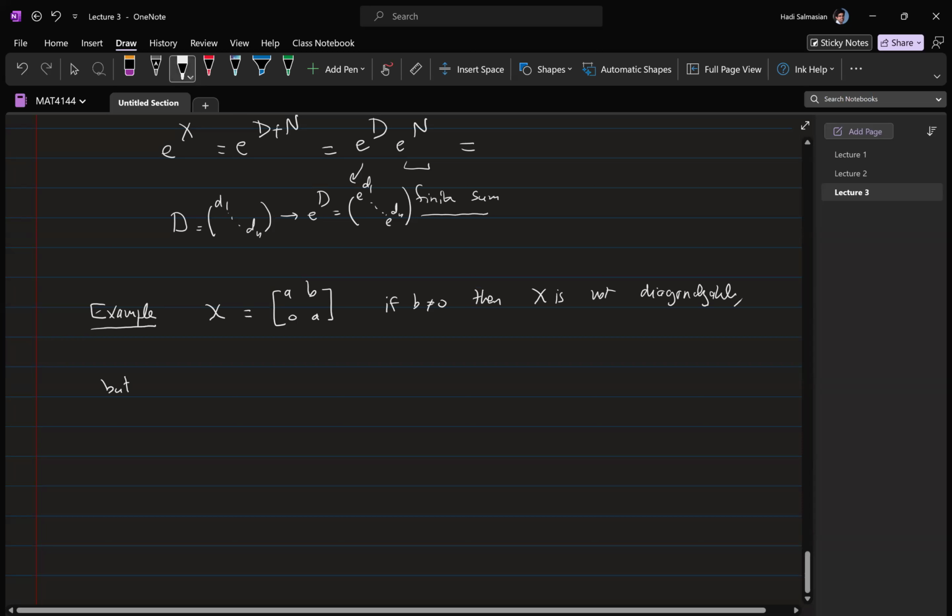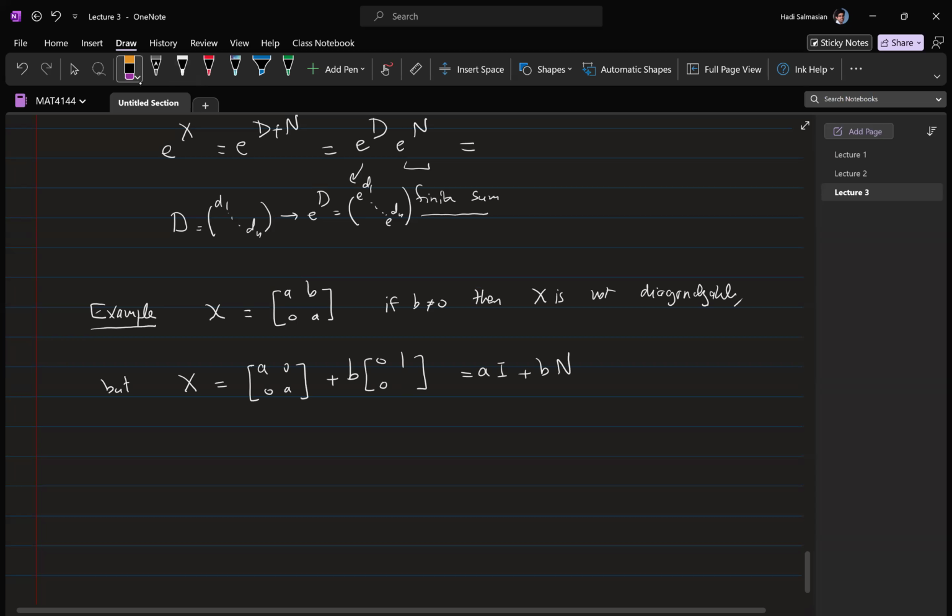But we can write X as a, 0, 0, a plus b times this nilpotent matrix. This is aI plus bN. I put an extra 1, sorry. And clearly the two commute. Identity commutes with everything.